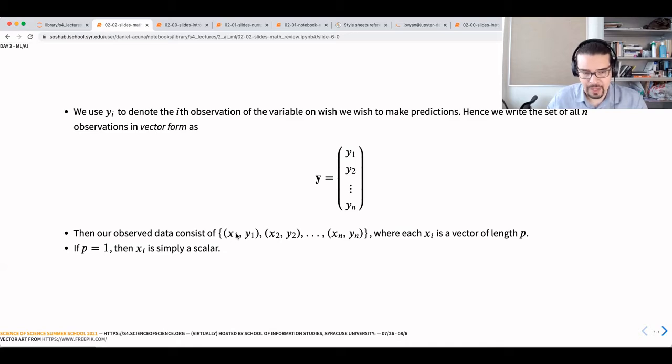So this could be, we'll see later as an example, that we want to predict the citations of a paper. X could be features such as the prestige of the author, the prestige of the institution, the prestige of the journal. Can we predict the citations of the paper only based on that? And how much explanatory power do just those three features have? So you can think of X as the collection of those three features and Y as the citations.